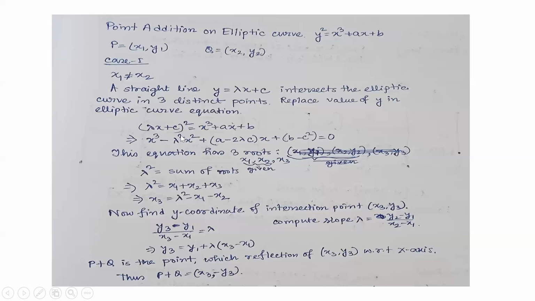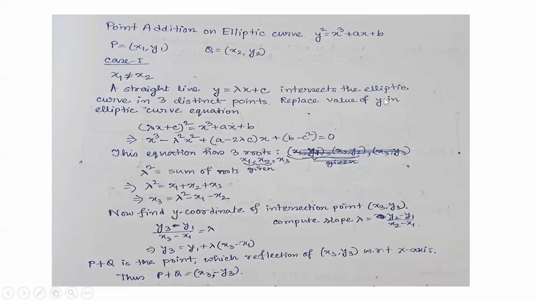Now, as you know, the coefficient of x square here will be actually the sum of the three roots. This is an equation with power 3 of x, so it will have three roots x1, x2, x3. Now x1 and x2 are already known to us because we know the points P and Q on this straight line.